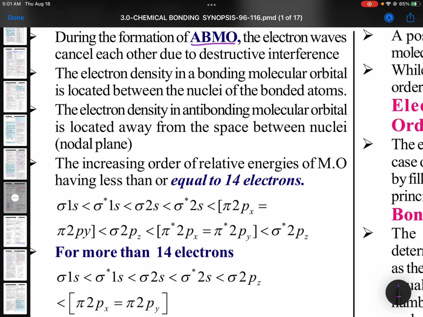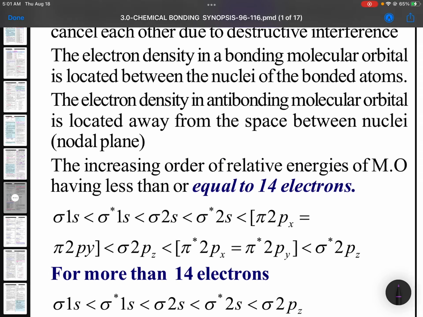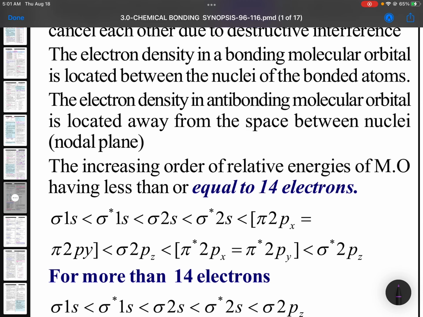Just now I have shown you. The electron density in the bonding molecular orbital is located between the nuclei of the bonded atoms. The electron density in the anti-bonding molecular orbital is located away from the space between the nuclei, that is, the nodal plane.